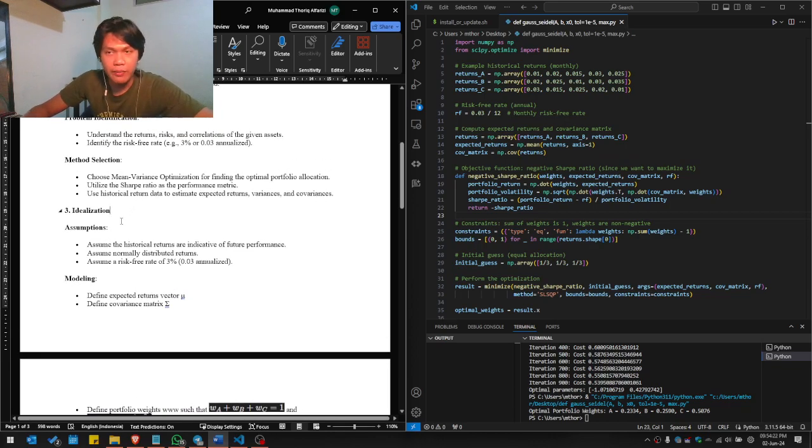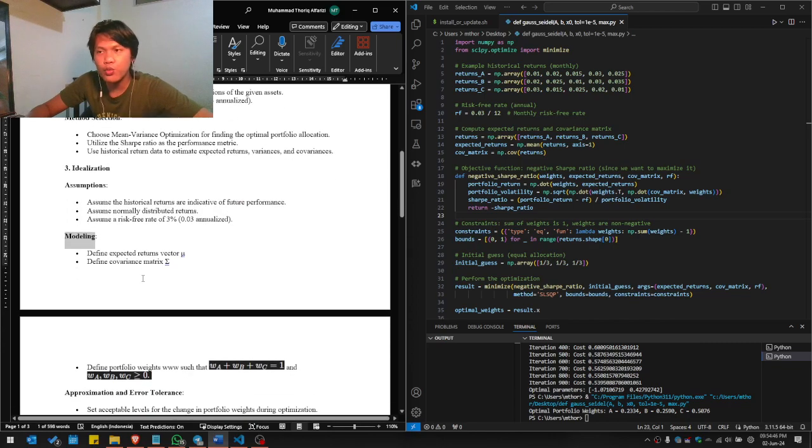So the third step is idealization, and we have to assume that the historical returns are indicative of future performance. We also have to assume normally distributed returns, and a risk-free rate of 3% or 0.03 annualized.